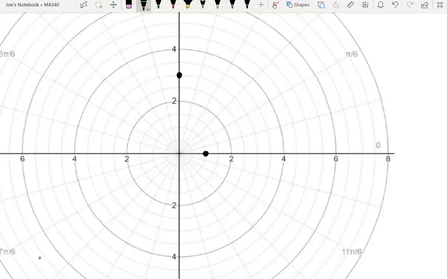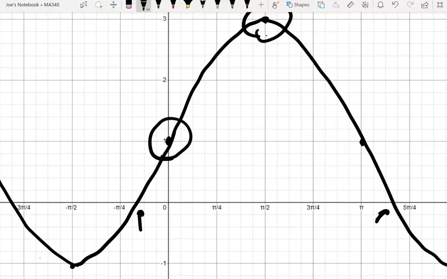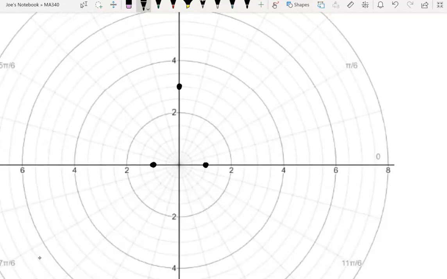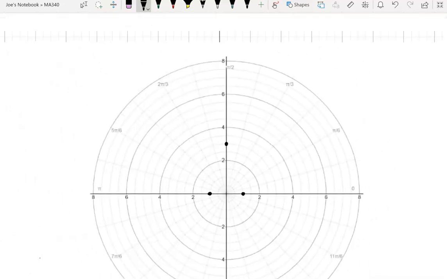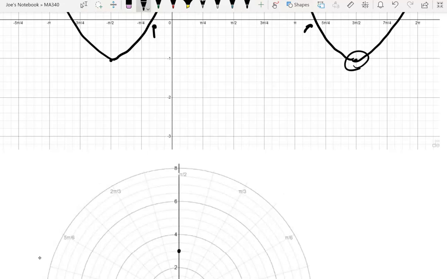Right? Go back up here. When I look at pi, which is right here, notice the R value at pi is 1. So we'll be right here, because that's the angle of pi, right? 3 pi over 2. Scroll back up one more time. 3 pi over 2 is, that point, the R value is negative 1.